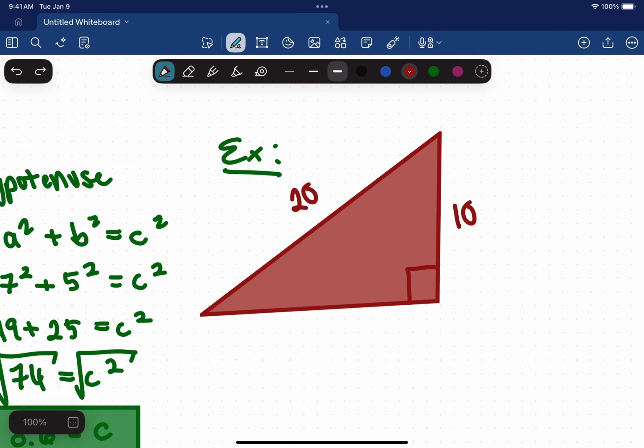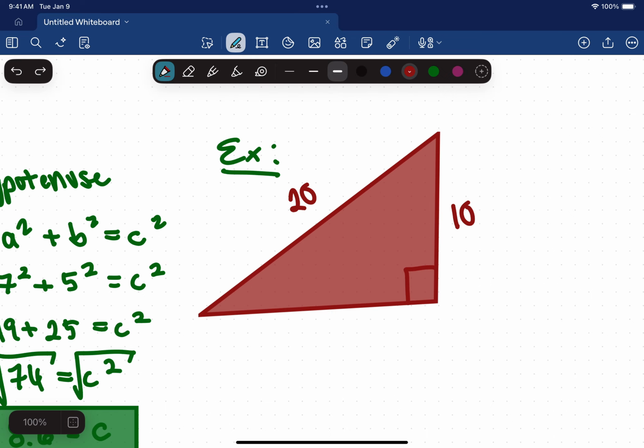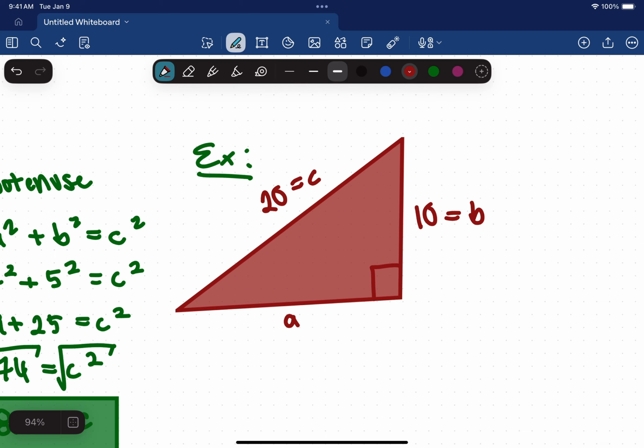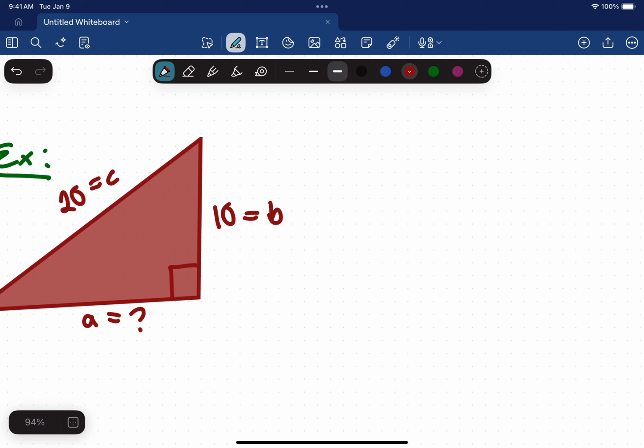Now let's just label them. Let's just say this is A, 10 is equal to B, C is equal to 20. Now we're trying to find A. Well, how do we do that? Well, just rewrite the Pythagorean Theorem. A squared plus B squared equals C squared. Now instead of filling out A squared and B squared, we're filling out B squared and C squared, because that's the knowns that we have.